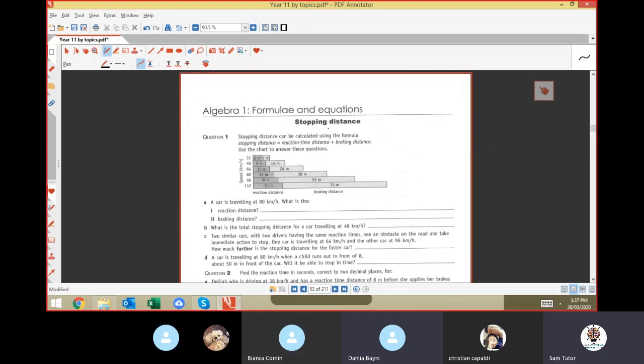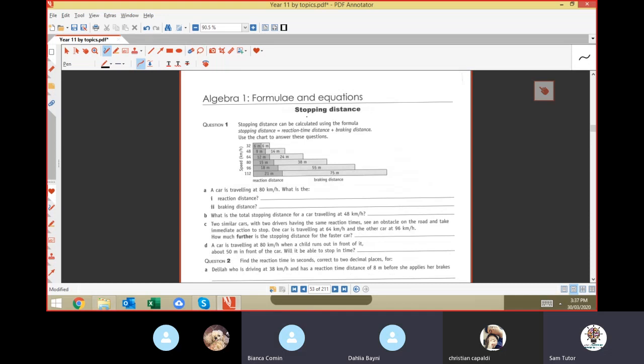Okay, stopping distance. This formula will be provided to you in your formula sheet, but it is a fairly straightforward formula to understand.